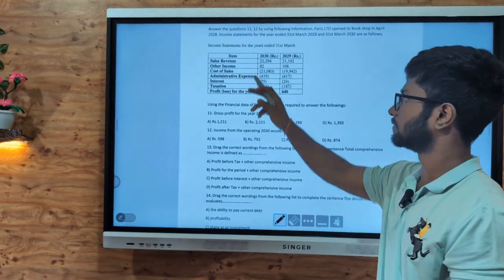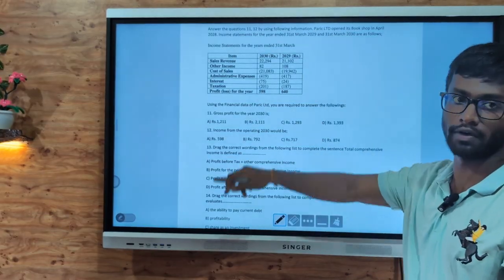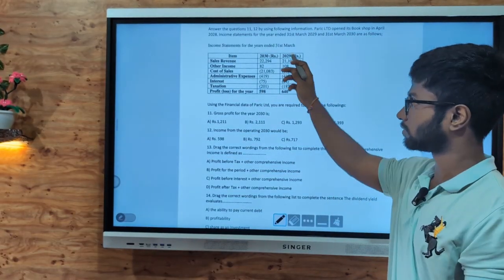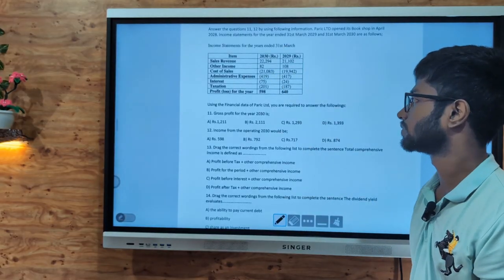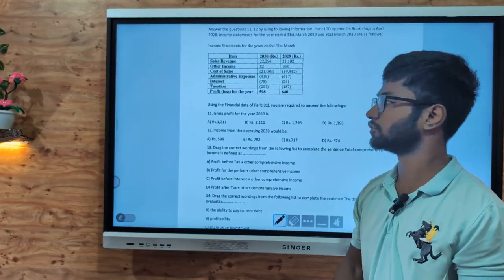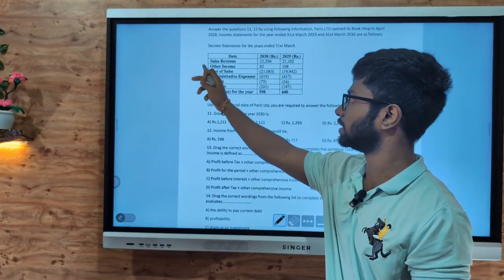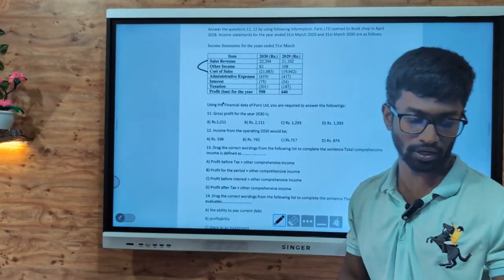So here we have been given some information. Based on this, we have to do 11 and 12. We have 2029 information, 2030 information. First, we have to get the gross profit for 2030. Gross profit, you know how you get it. From your sales, you deduct the cost of sales. Sales minus cost of sales, you get gross profit.